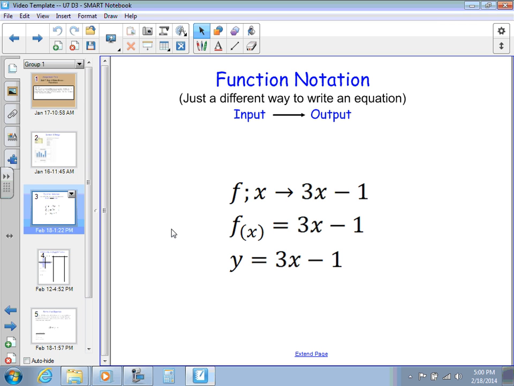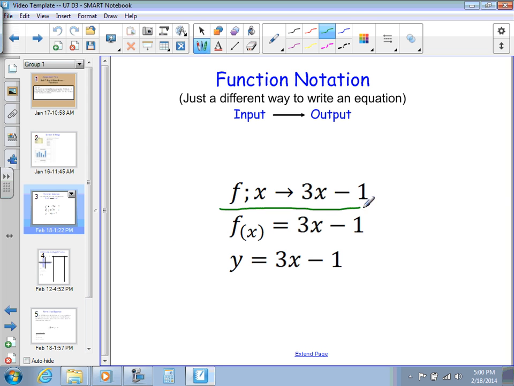And so, first line here, we've got one way to write function notation with the f or whatever letter we're using for the function, and then x or whatever variable we're using in it, and an arrow indicating that this function maps to this expression 3x minus 1.